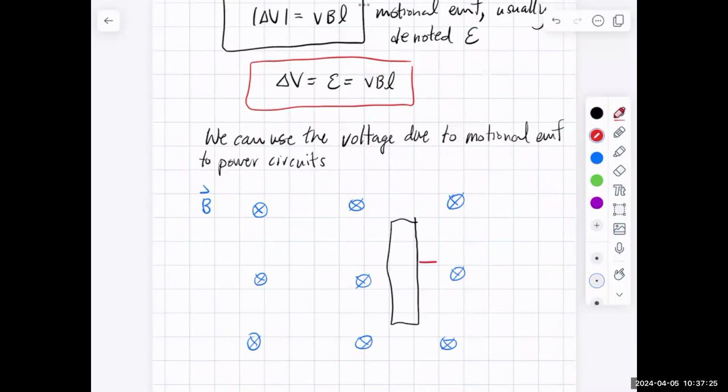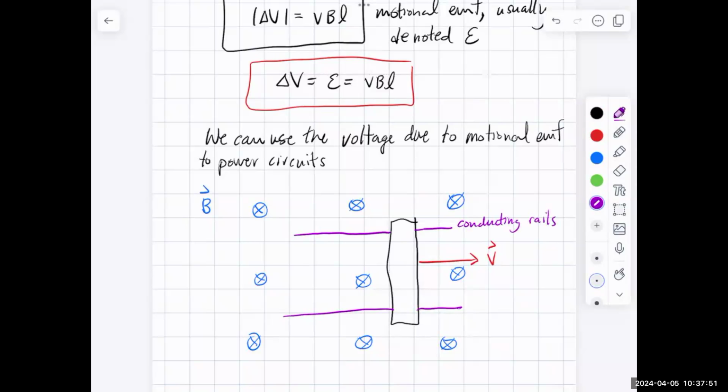So we'll pull this with some speed V. The only thing that we're going to add is a little conducting track. And so my conducting track will have some rails. So we'll give it 2 rails. So these are conducting rails.